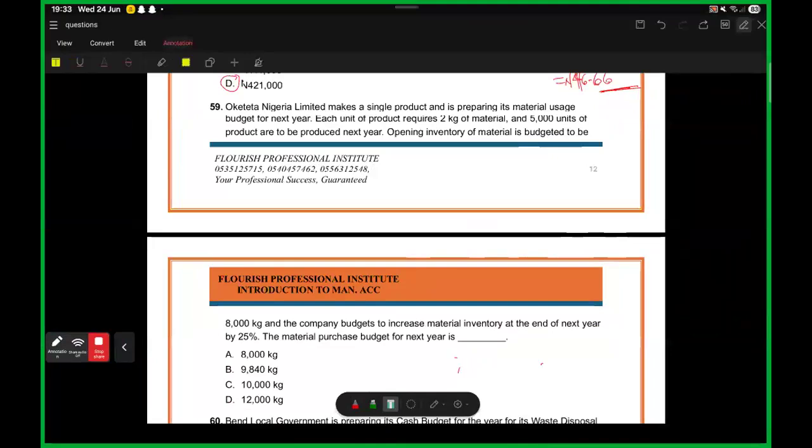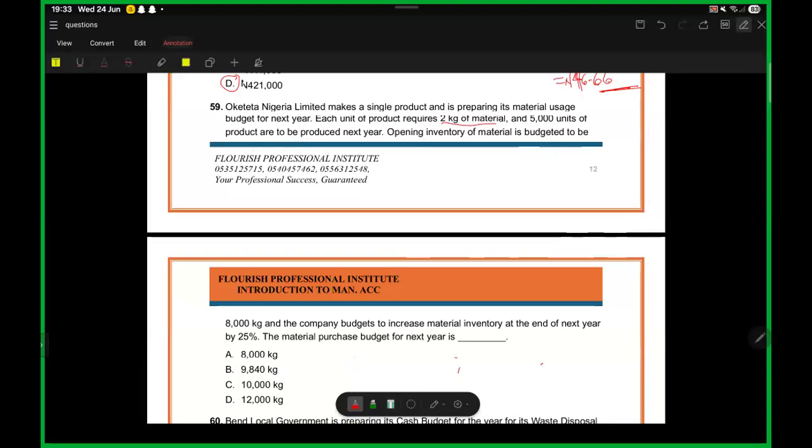So we are told that Oketeta Nigeria Limited makes a single product and is preparing its material usage budget for the next year. Each of these units requires 2 kg of material, and 5,000 units of product are to be produced next year.